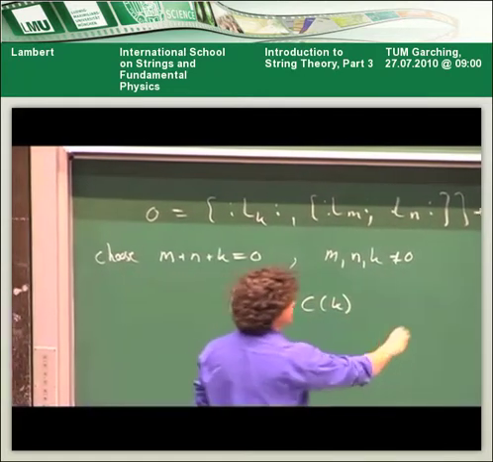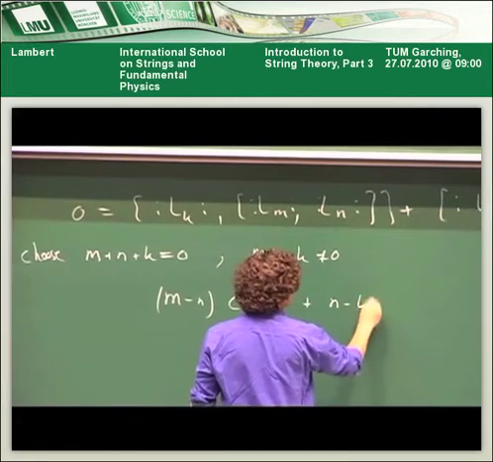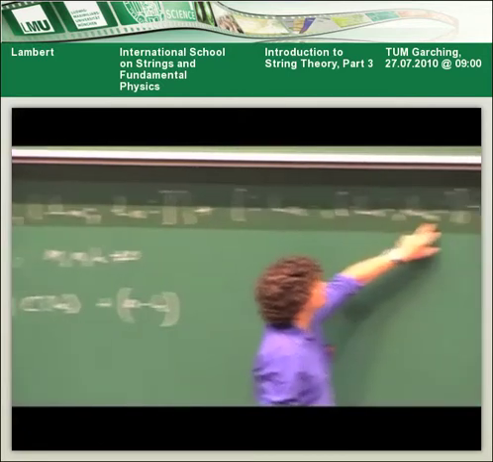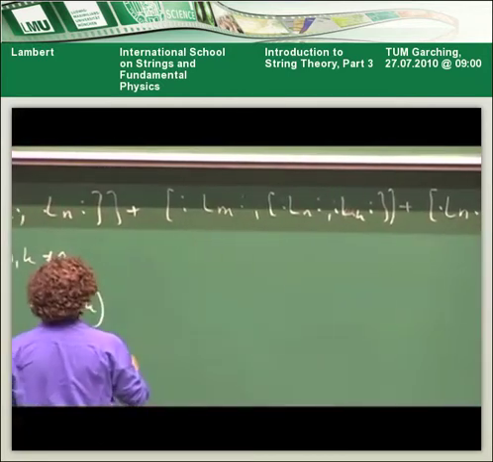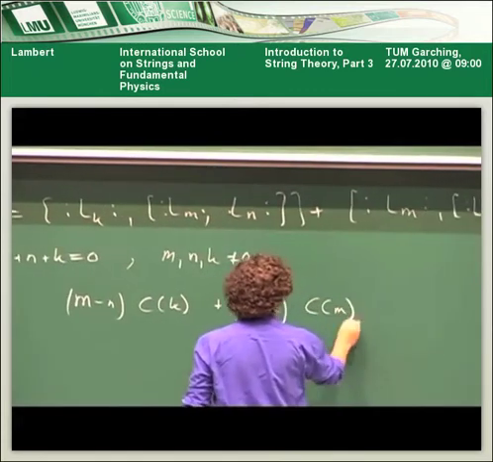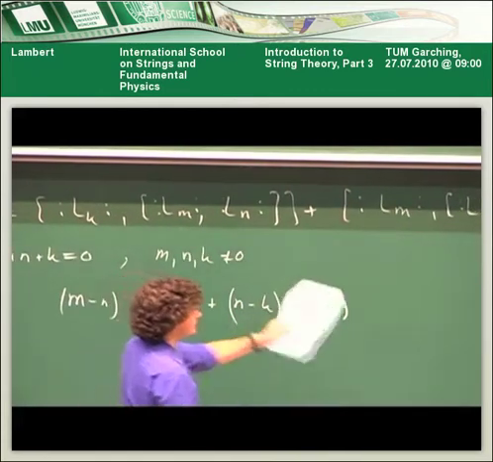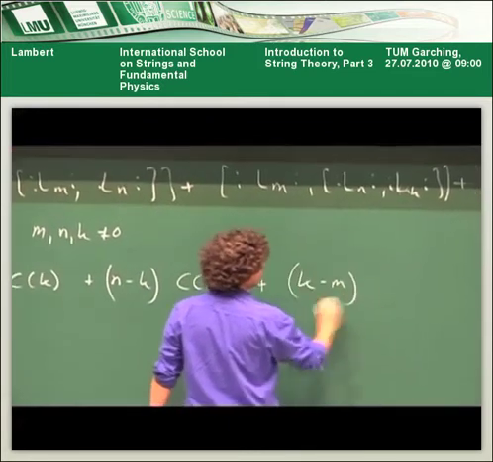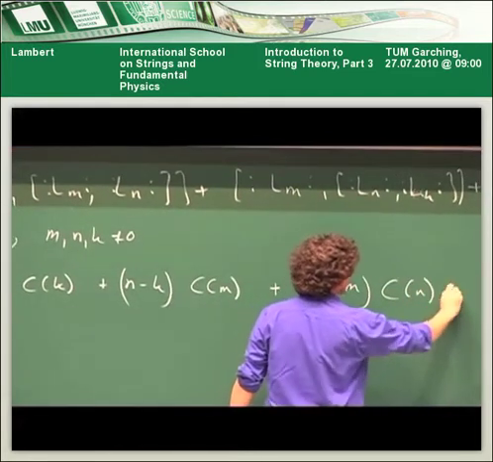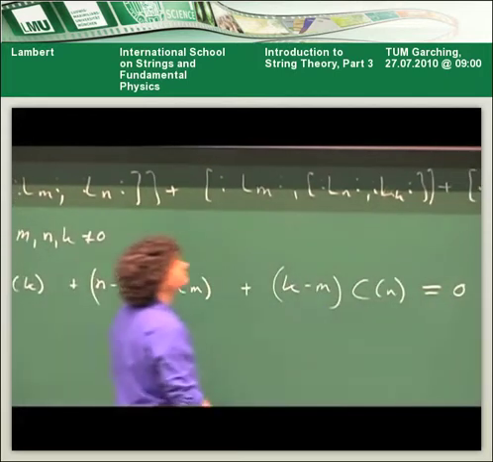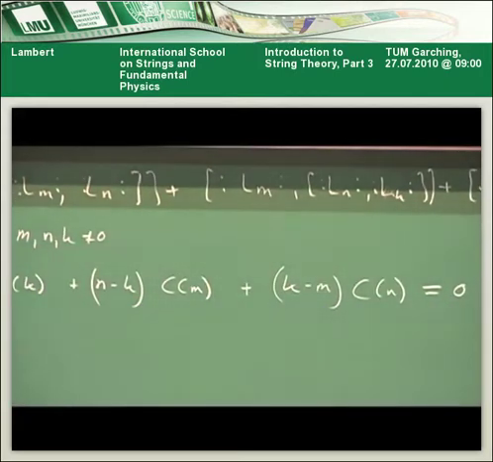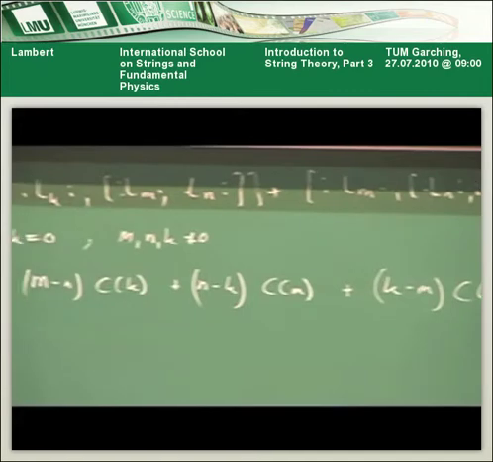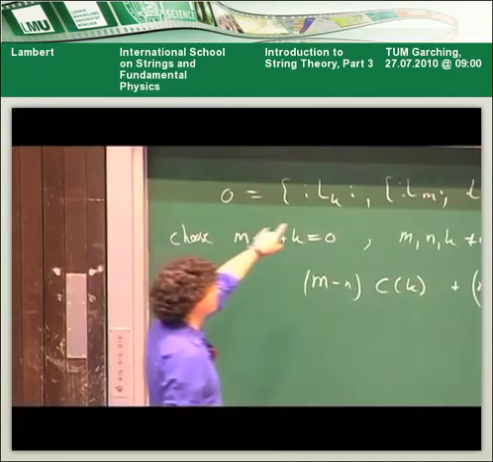And then from there, you'd get n minus k from this commutator, and then C of m. And then from there, I get k minus m, C of n equals 0. Right? So that's the coefficient of the central term in this expression.